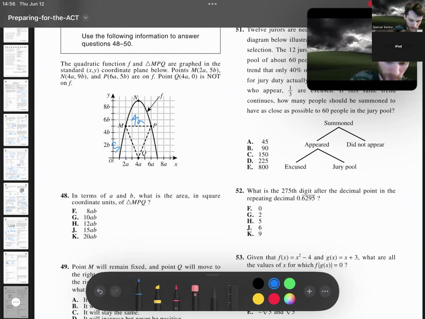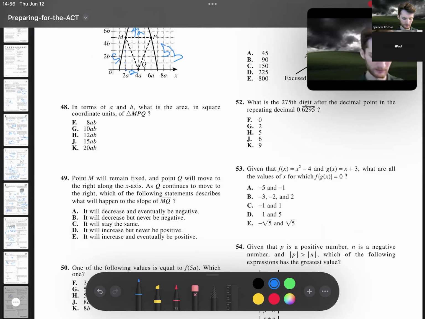So 5, 2, 25 plus 4 is... Oh, wait. What am I doing? It is 5B tall. So the total area is 20 divided by 2 is 10 AB. 48 is G.